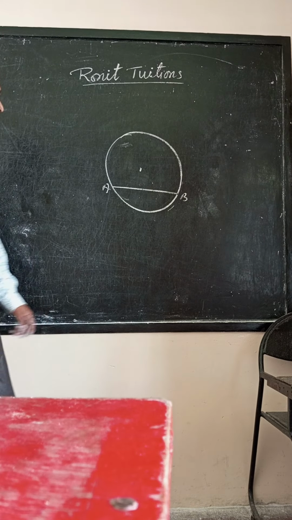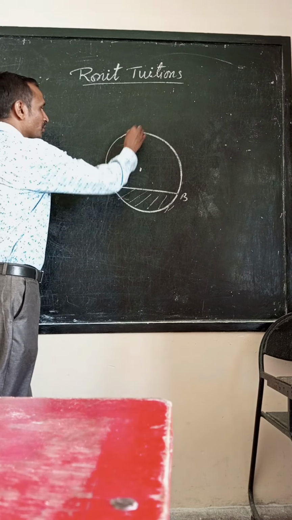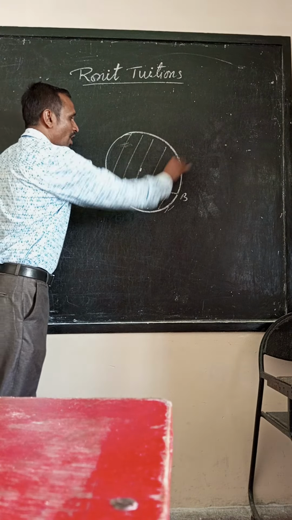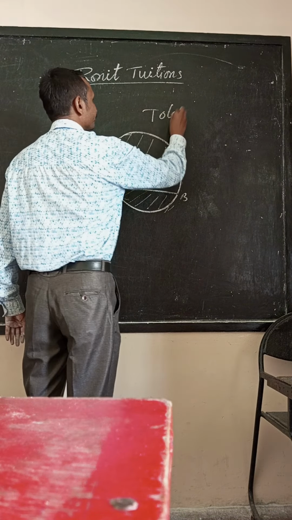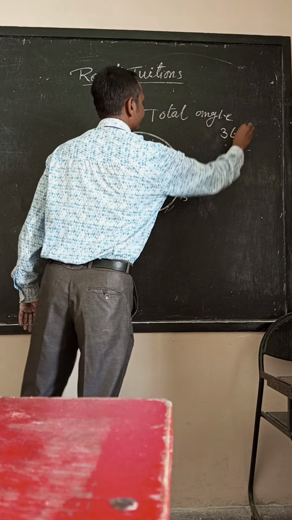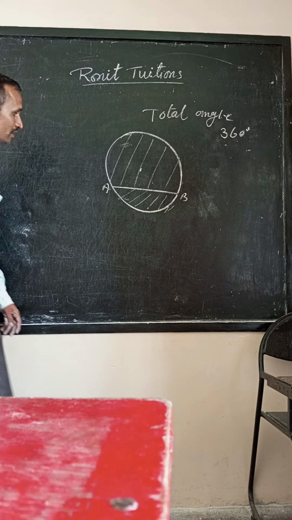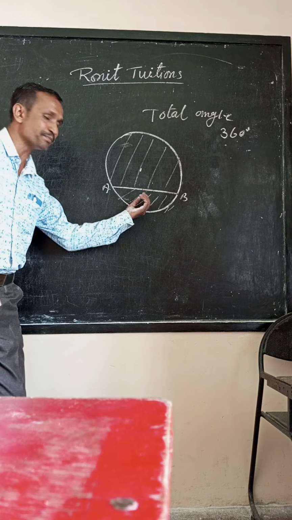There are two parts: this is called the minor segment, and this is called the major segment. The total angle is 360 degrees. Suppose from the radius I draw an angle on the minor segment.